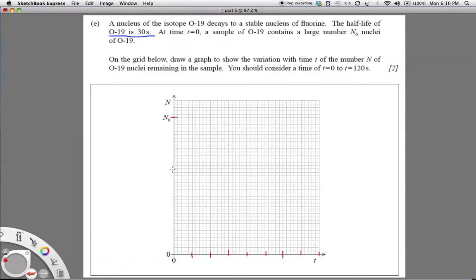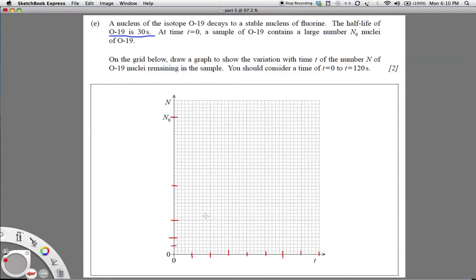And I'm going to just put my graduations here. So after 1 half-life, I should be right here. After my 2nd half-life, I will be right here. 3rd half-life, I'll be here. 4th half-life, I will be right here.